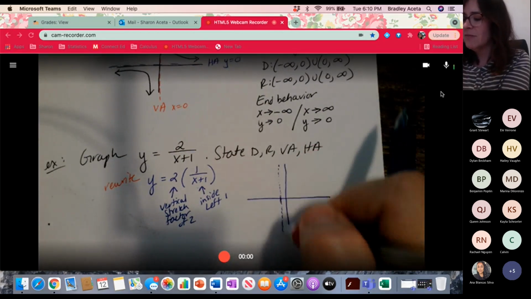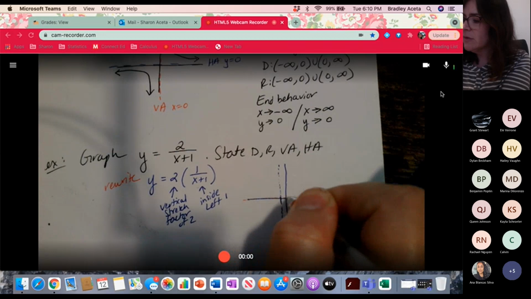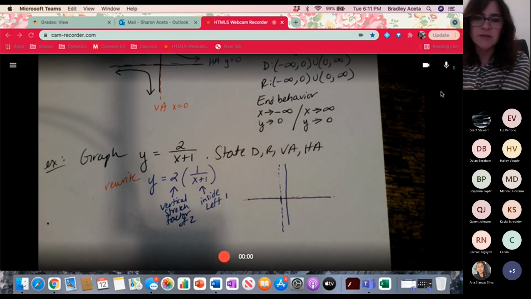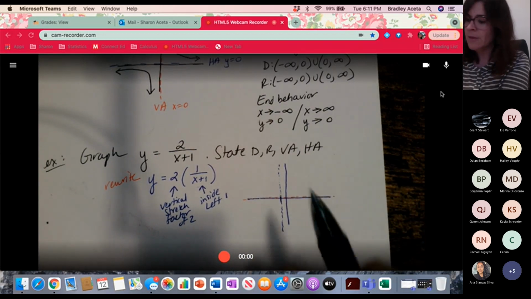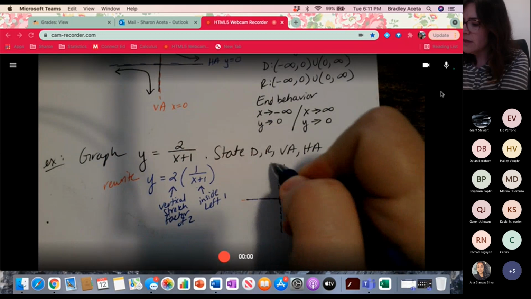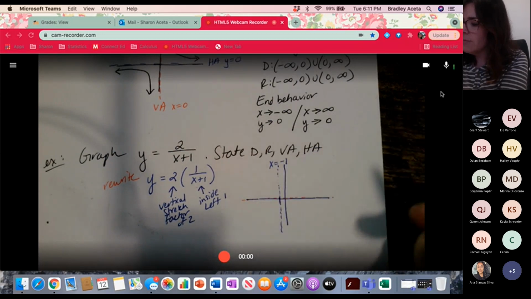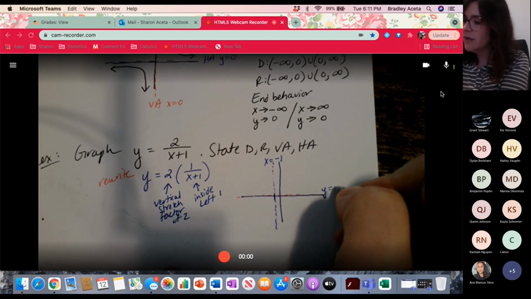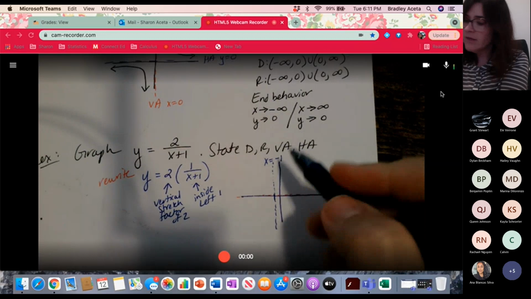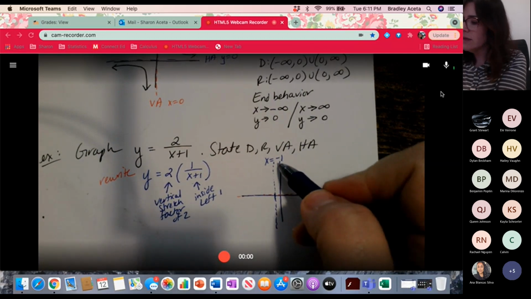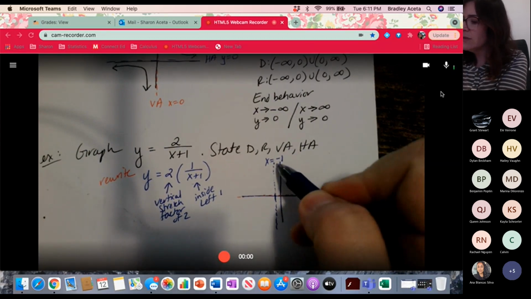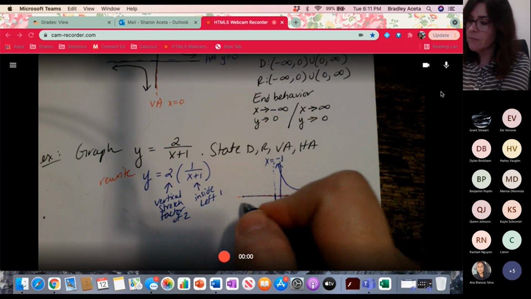I said horizontal, I meant vertical. This is my horizontal asymptote. It still stays the same at 0, y equals 0. And remember that 2 just makes it go a little bit wider. You can see that if you graph it.